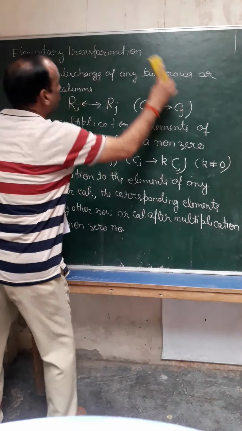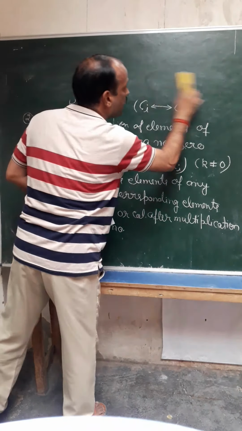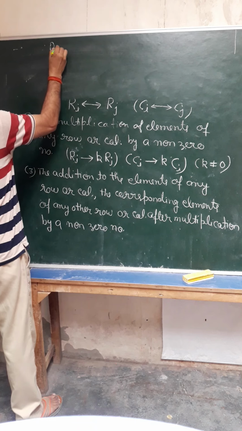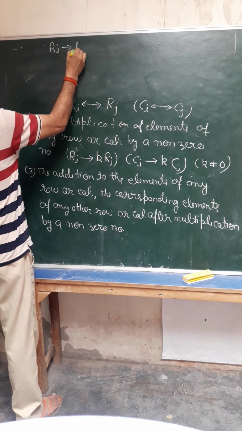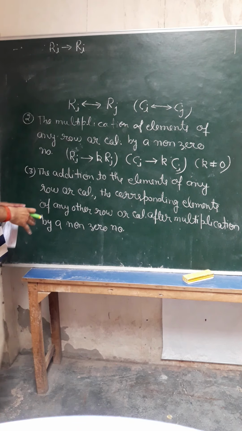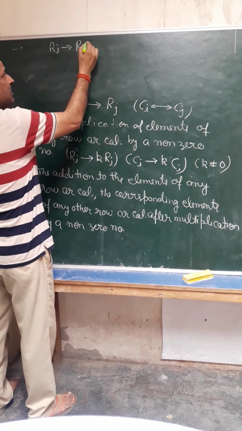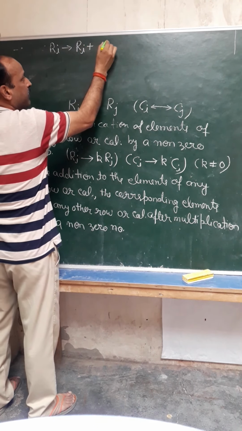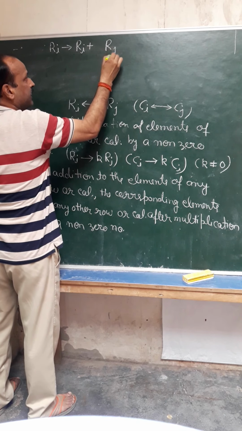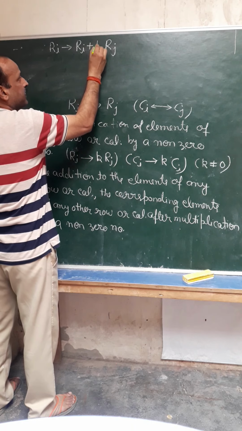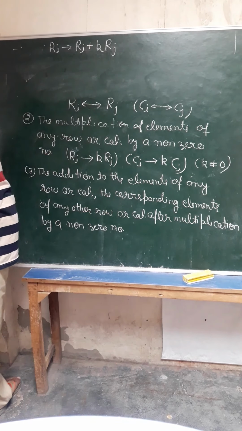Mathematically, we denote it as follows. Suppose we have to replace the ith row; the other rows remain identical, and in the elements of the ith row we want to add the corresponding element of the jth row after multiplying by k.